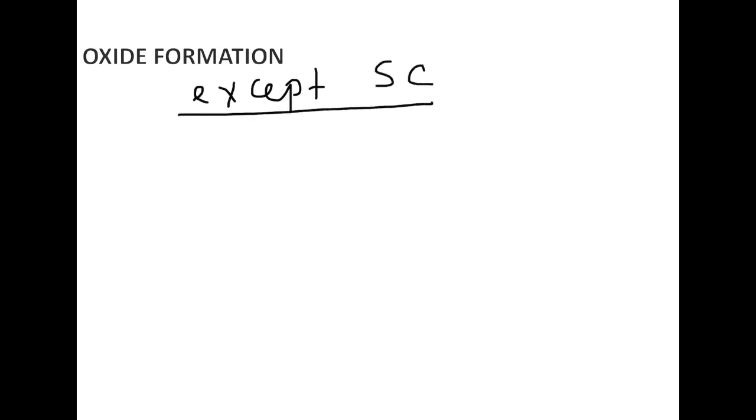Then oxide formation. Except scandium, other transition metals form metal oxide MO, where the oxidation state of the metal is +2.